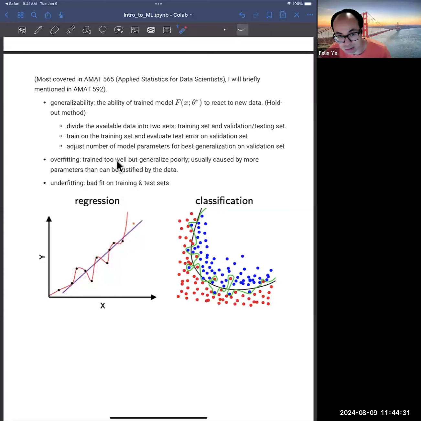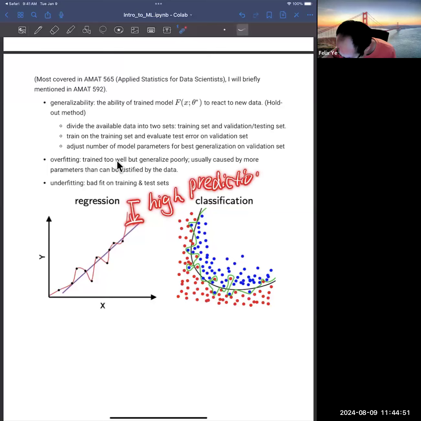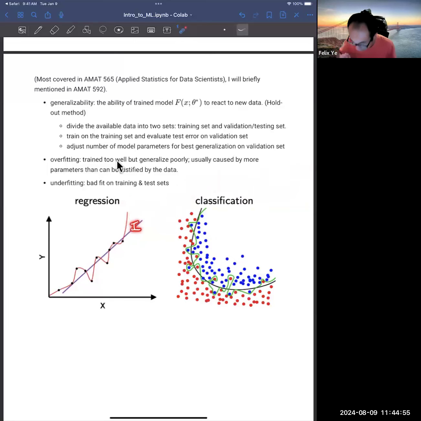But the difference is, if I give a new data point right here, the one with low training error turns out to have a high prediction error, compared to the linear model. The linear model only has a tiny prediction error.